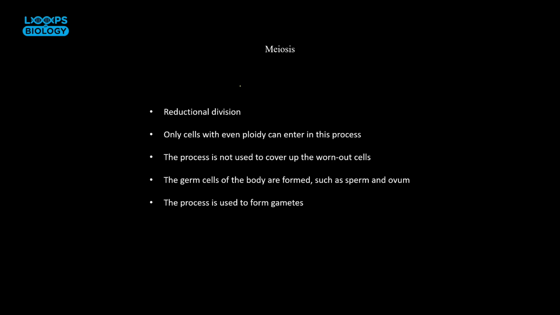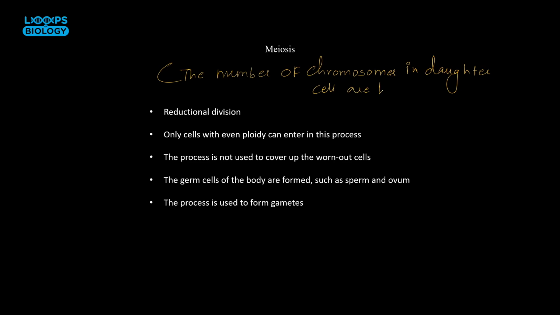In case of meiosis, the number of chromosomes in daughter cells is half that of the parent cell. That's why meiosis is called reductional division.